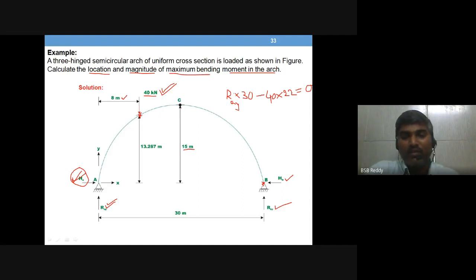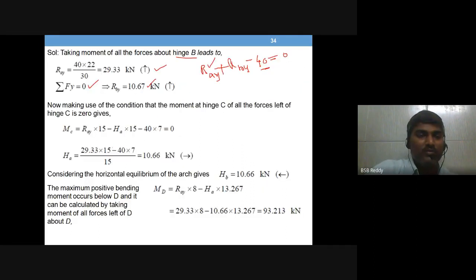To get HA value, you know from the earlier problems also, you have to take moment at hinge C, nothing but the crown point, of all the forces either to the left of the hinge or to the right of the hinge. So here the left of the hinge is selected.